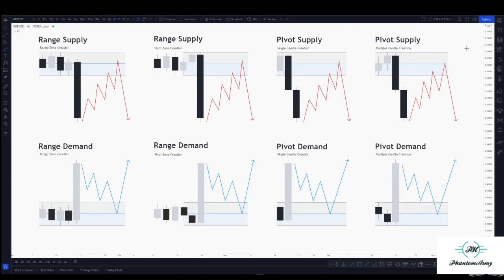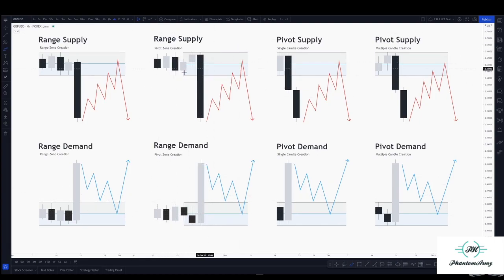So now that we understand the concept of pivots, we can then apply that to the range created supply and demand zones. And as we can see within this overall range that has been created, we have 2 bullish candles before the bearish move that expands to the downside, or 2 bearish candles before the bullish expansion that breaks out of that range.